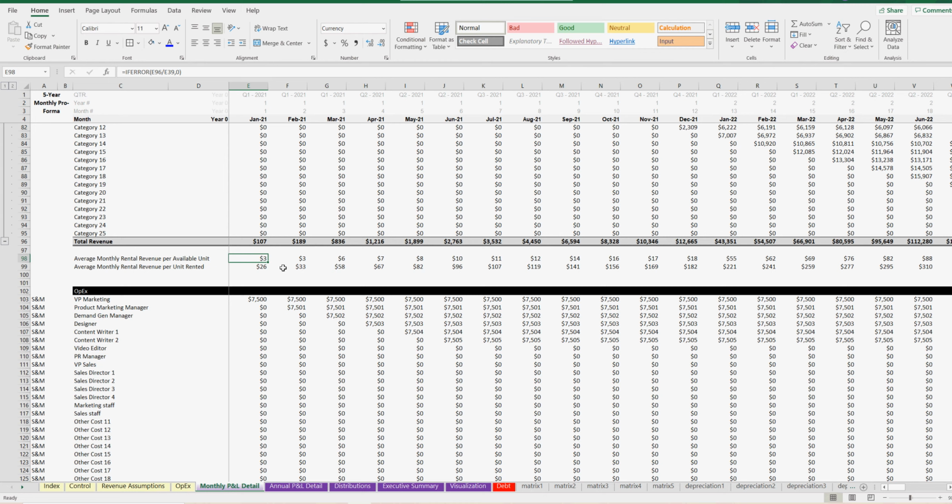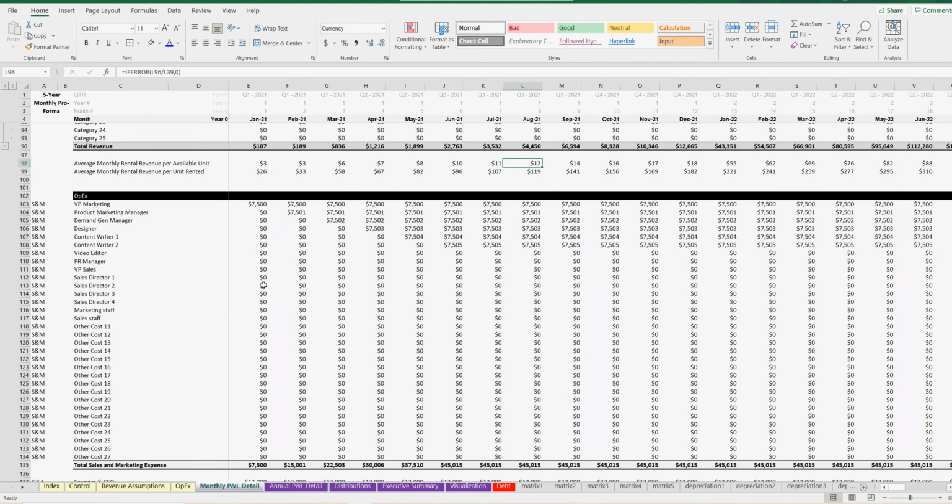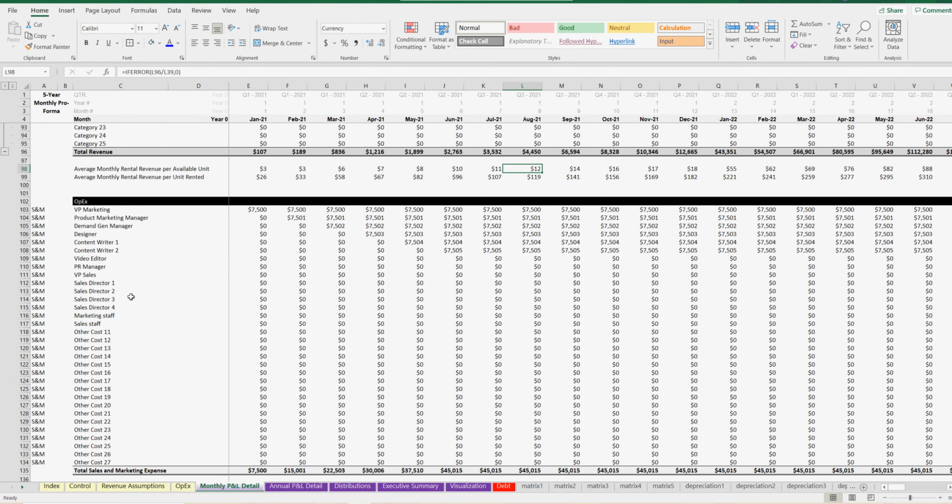So if you buy things and they aren't rented out, this is saying what your average revenue is per unit if you're applying whatever revenue you get to all units, no matter what the utilization rate is. So this difference is essentially showing you occupancy versus full potential. So this would be full if you had every unit 100% utilized, and this is what you're actually getting based on purchased units. And that will all be dynamic based on your assumptions entered.